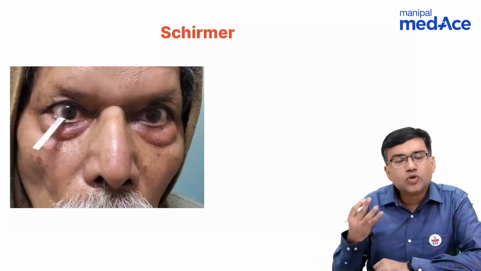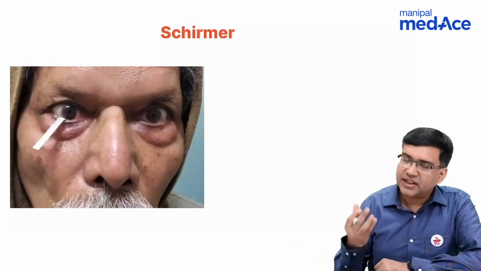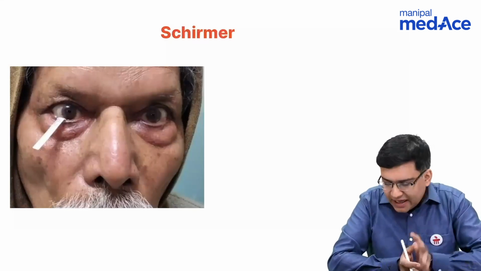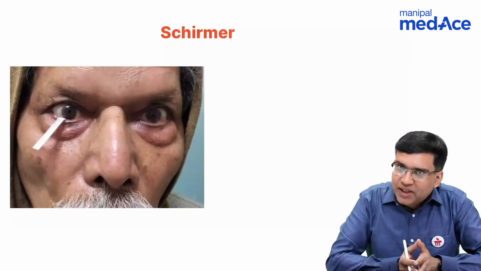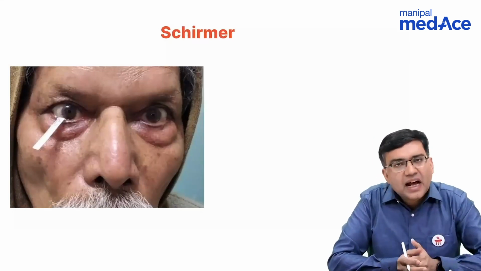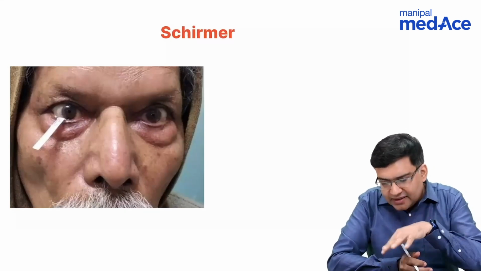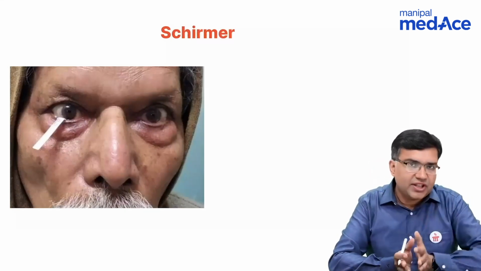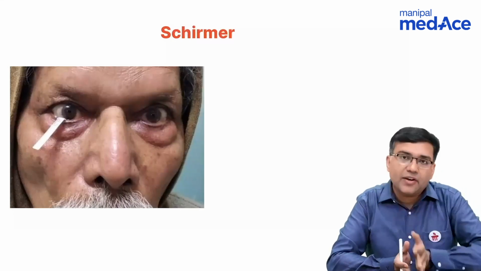Now this is the most commonly done dry eye test in our OPD. How would they ask a question? They would just give you a figure like this and ask what is the test being done, or they can ask which layer is deficient in this test, about which we get information.